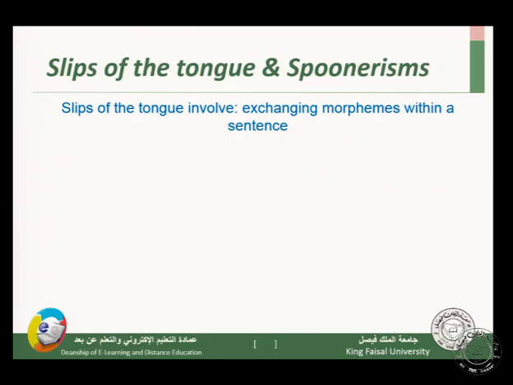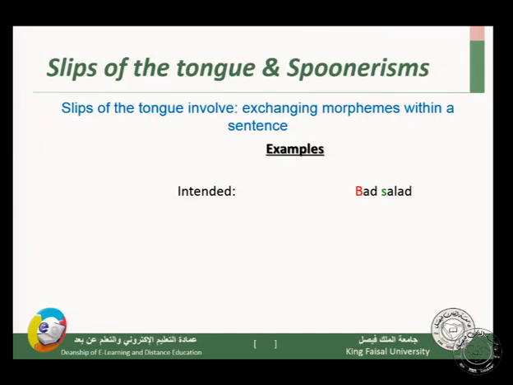So slips of the tongue involve exchanging morphemes within a sentence. How does this look? Of course it looks funny when someone has a slip of the tongue. So let's suppose that someone intended to say bad salad. So he is eating a dish of salad, and he is not satisfied with its quality, and he says this salad is bad.